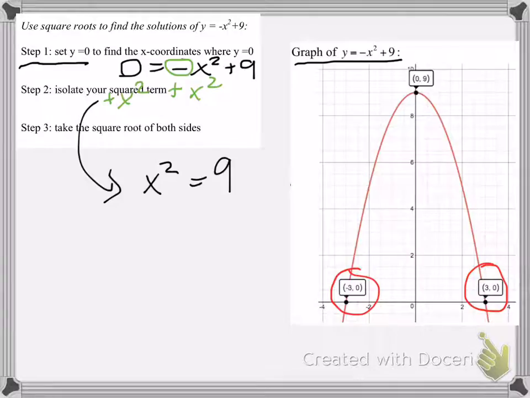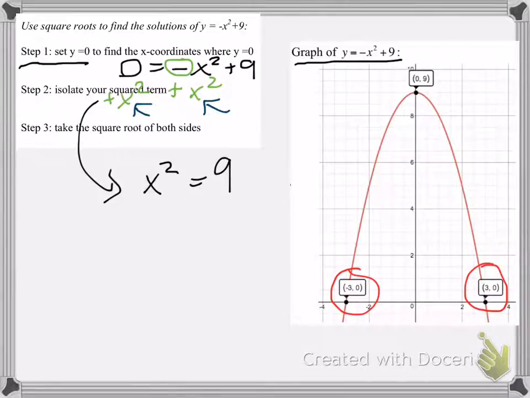And now I'm in a position to go through with step 3 where I can take the square root of both sides of this equation so that all I'm left with is x, right? Because the reason that we added x squared to both sides is because that is the inverse operation of subtracting the x squared that I started off with.